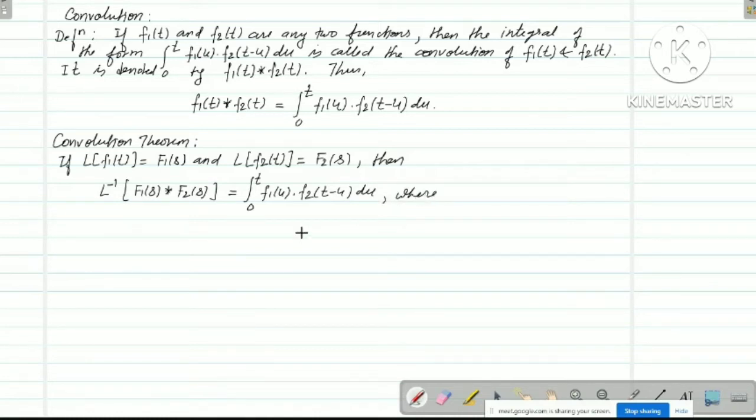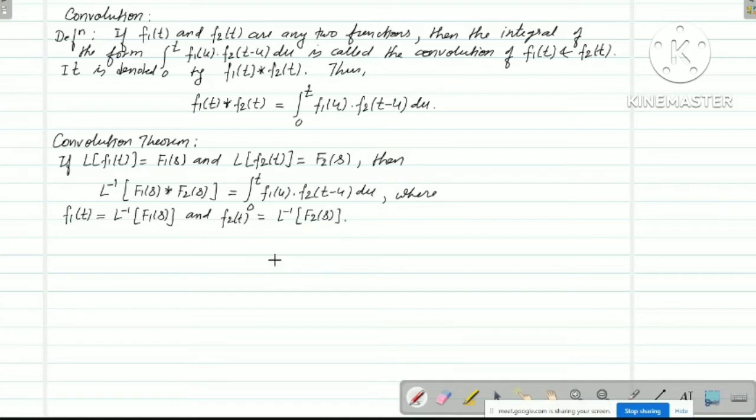where f1(t) is equal to L inverse of the function F1(s), and f2(t) is equal to L inverse of the function F2(s).